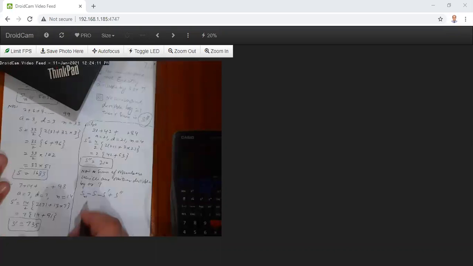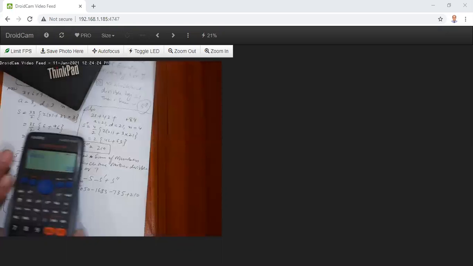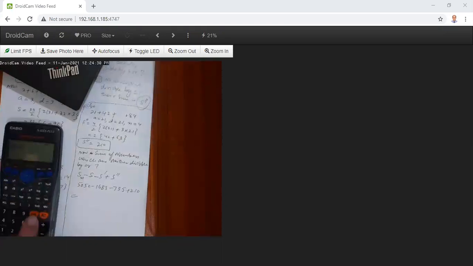So Sn was the first total, was 5050, then minus 1683, then minus 735, then plus 210. The final answer, इसको आप कर लें, it will be 5050, very good Aslam, minus 1683 minus 735 plus 210, that is 2842.